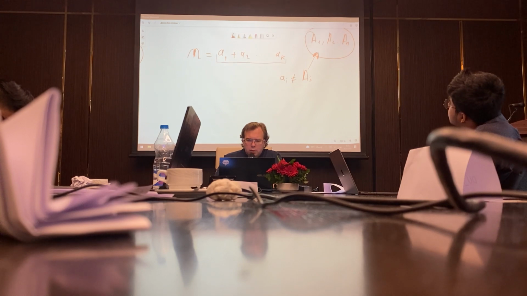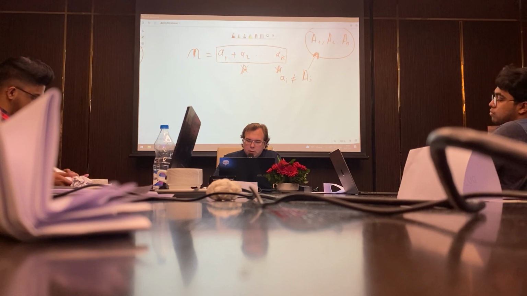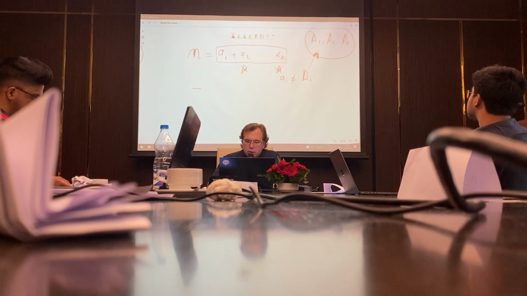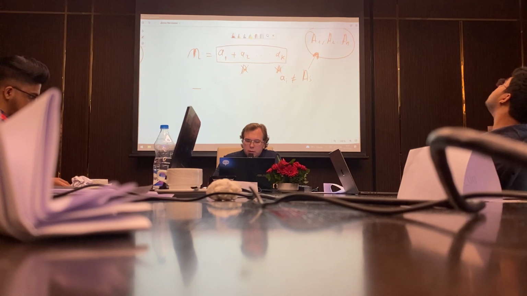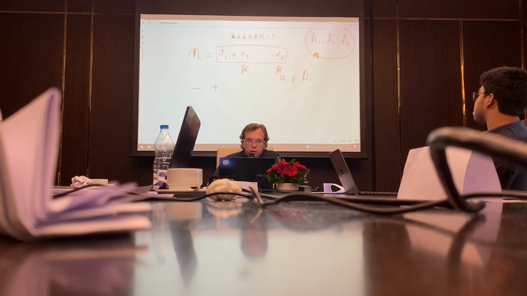If you have some sequence, and some of these numbers are equal to some forbidden a's, we'll just delete them and find the number of sequences with a smaller sum, and these elements can be any elements. And when we use an odd number of such elements, we will use minus such sequences, and using an even number, we will do plus these sequences. So it's like the inclusion-exclusion formula.